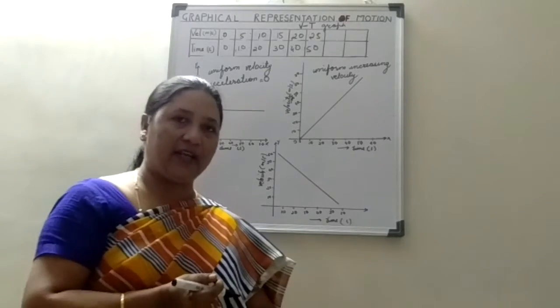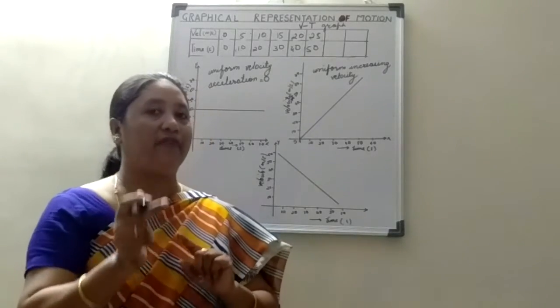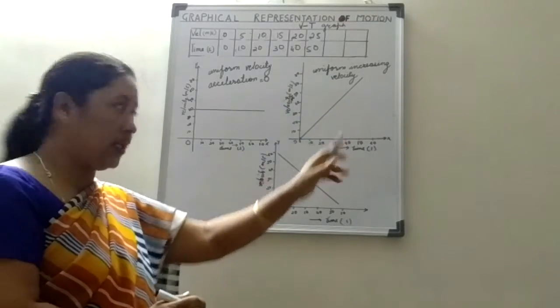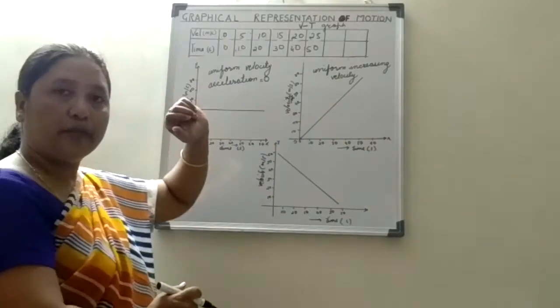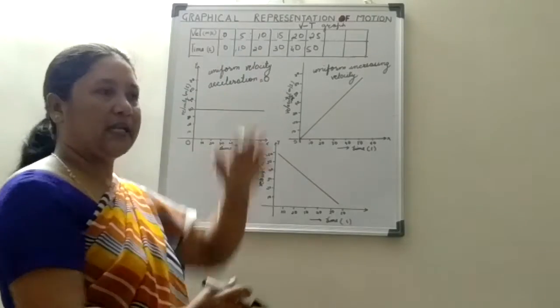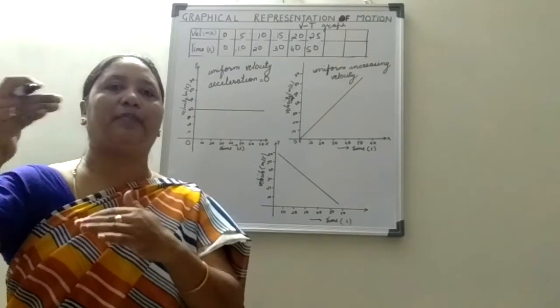Again, what is acceleration? Rate of change of velocity. So is the velocity changing? Before, the velocity was 0 meter per second, then it became 5 meter per second, then 10 meter per second. So the interval is 5 meter per second.